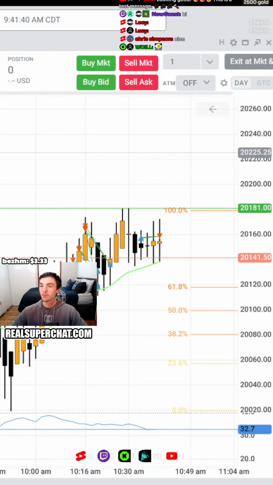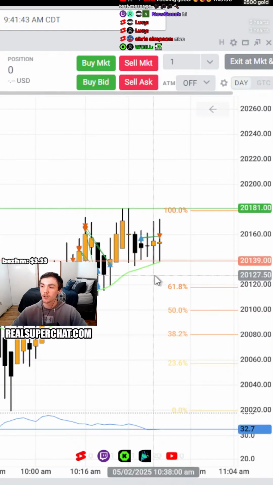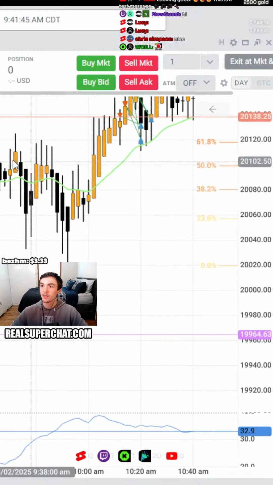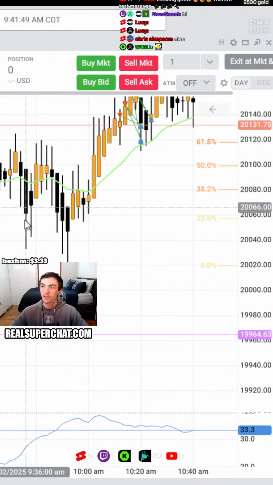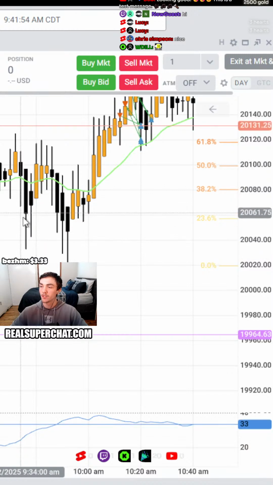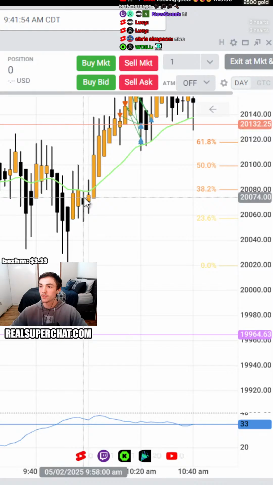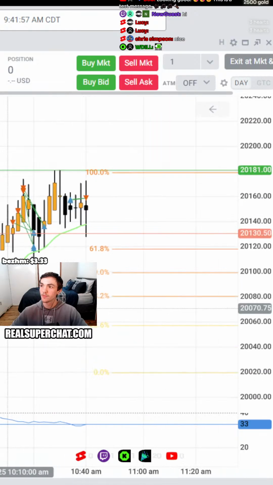Once it gets below this 21 EMA, market becomes a little bearish. As you can see, wick, up, wick, and then broke it, went way down. 50 points, that's not really that much. You get the point though.